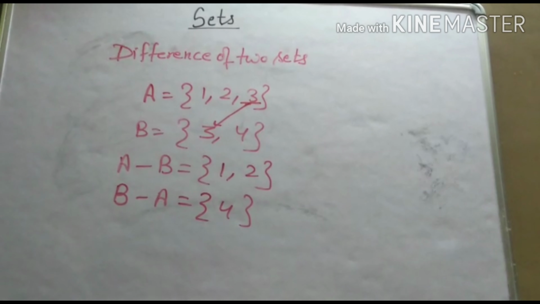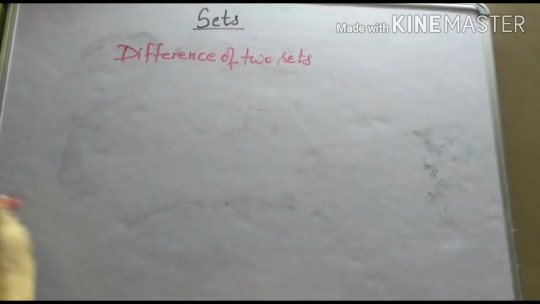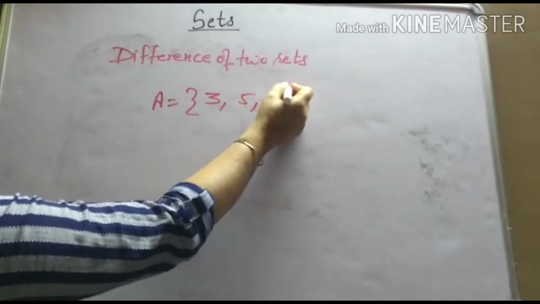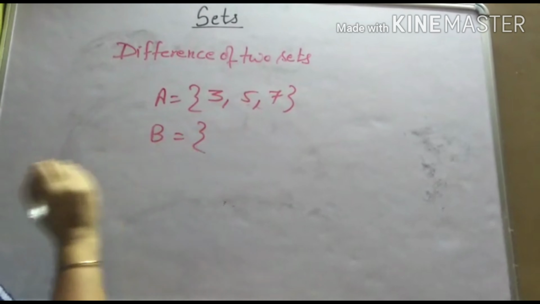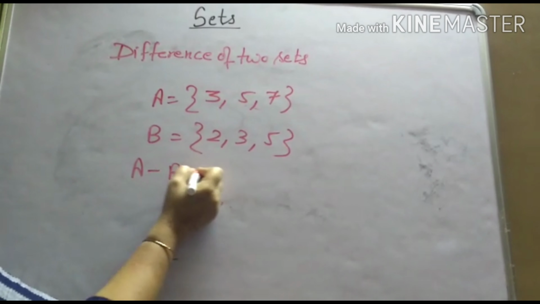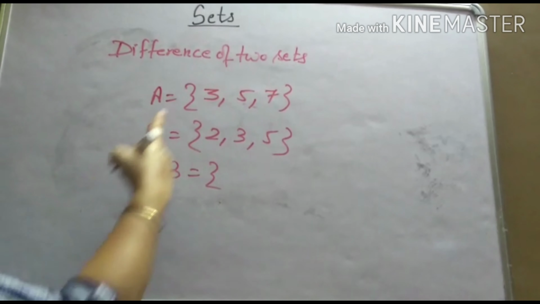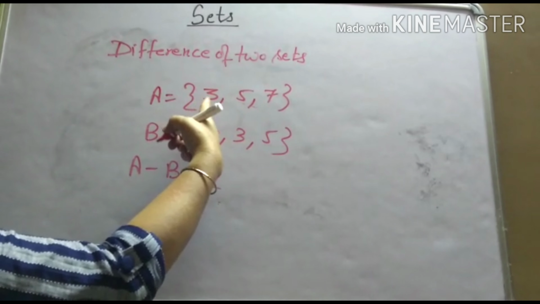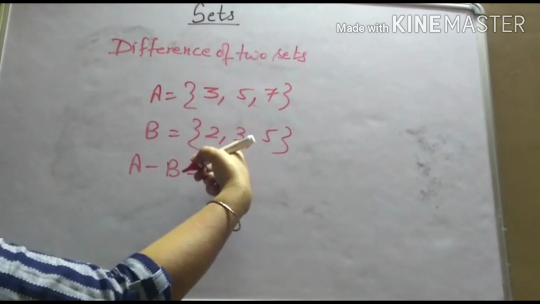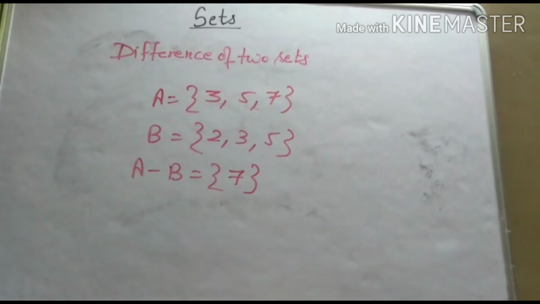Let's take one more example. If we have A as {3, 5, 7} and B as {2, 3, 5}, what is A minus B? It means we have to write the elements of A, but we will leave the elements which are in B. So 3 and 5 are in set B, so we will write only 7.